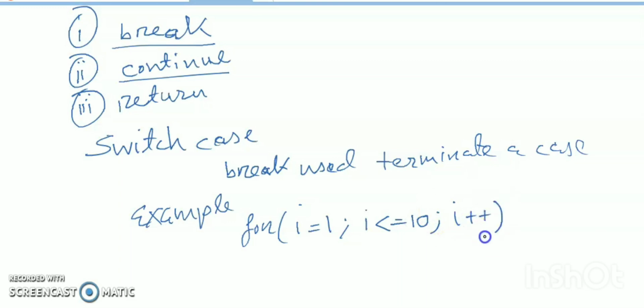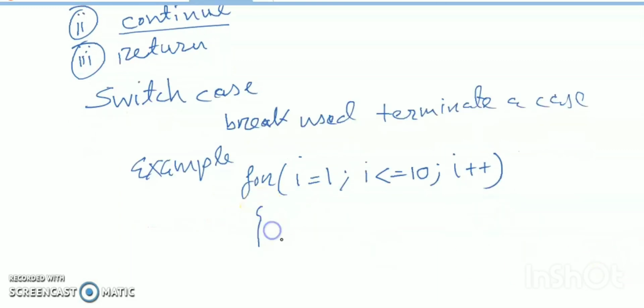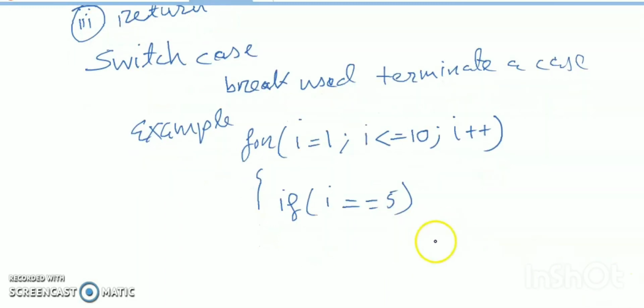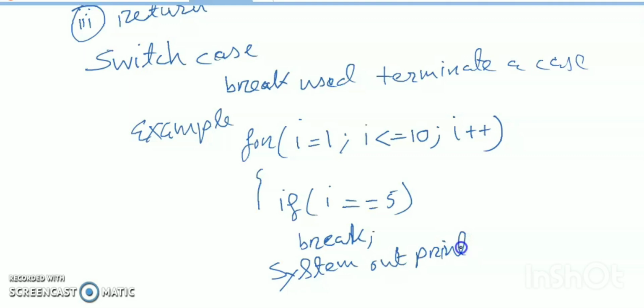If i equals to 5, then break. And we can write System.out.println(i).